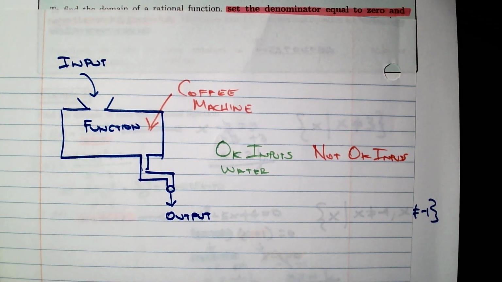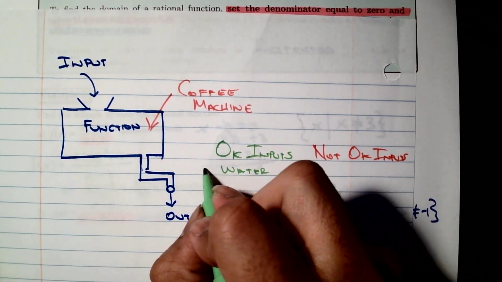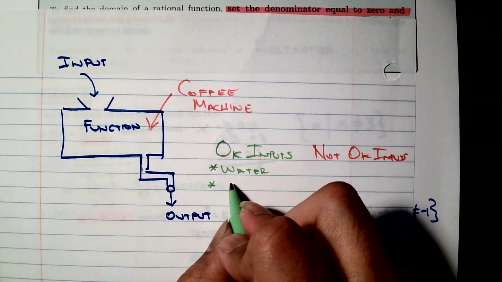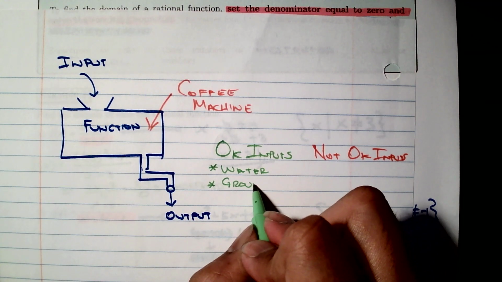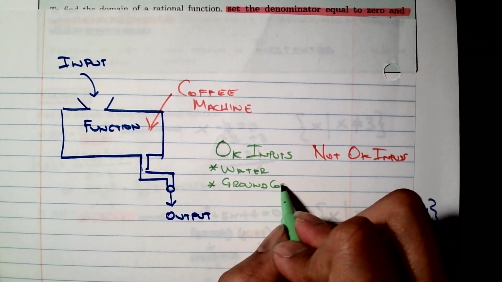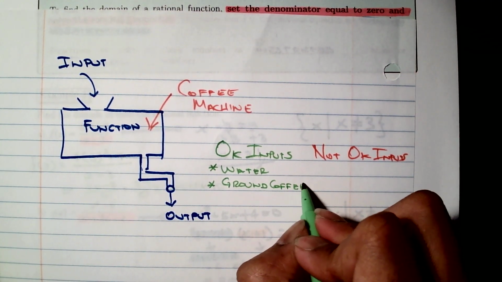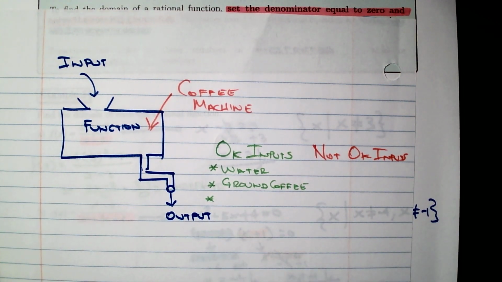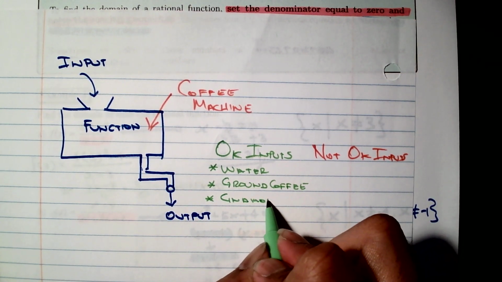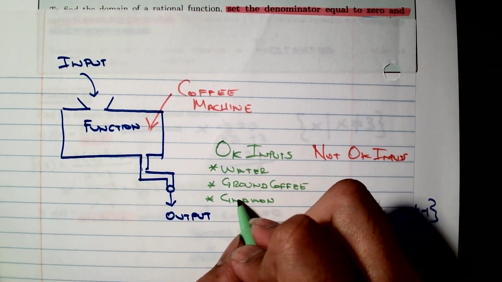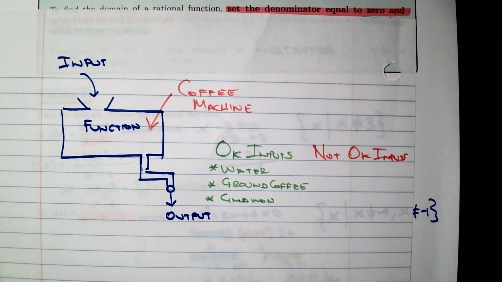All right, we can add water to the coffee machine. Well, what else? Well, coffee beans or ground coffee. Well, what else can we do? Well, I like adding some cinnamon, I think it's double N, cinnamon to the coffee.